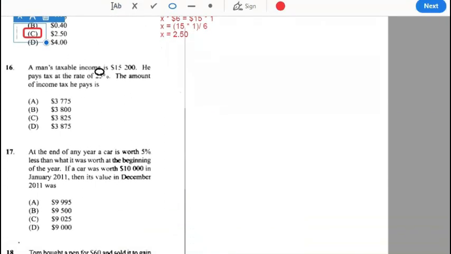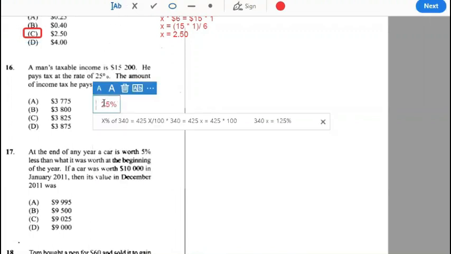16, a man's taxable income is 15,200. He pays tax at the rate of 25%. The amount of income tax he pays is, so what we're basically finding is 25% of 15,200.